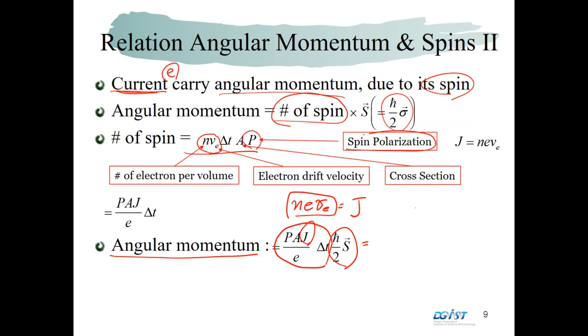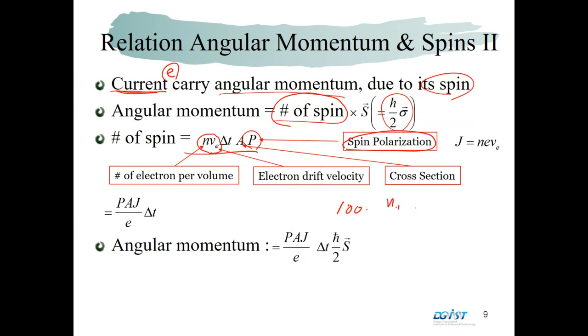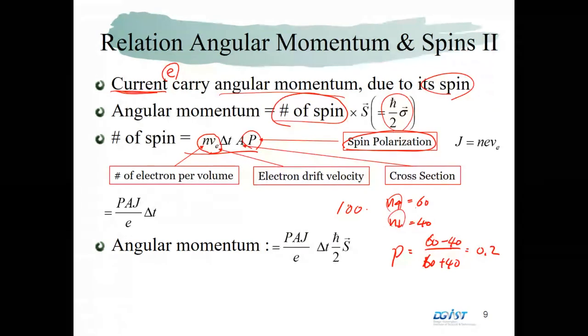The spin polarization, as I said. So if we have a number of electrons, let's say 100 electrons, and if the spin up is 60 and spin down is, let's say, 40, then the P value is 0.2. So that means the spin up and spin down have different angular momentum.